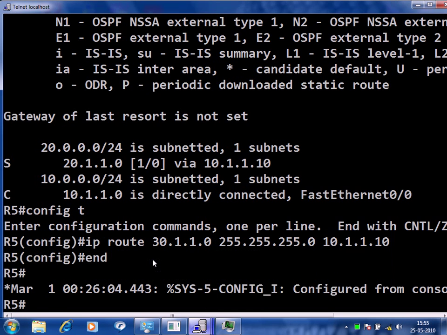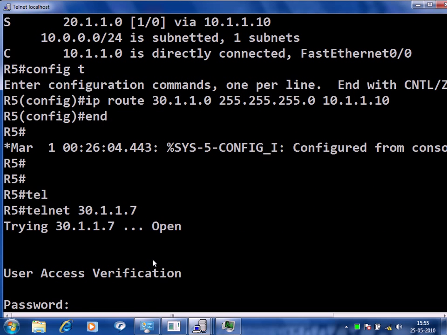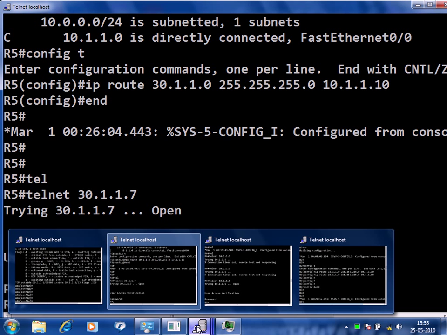Okay, so from R5, can I telnet to 30.1.1.7? Right? R5 is inside, R7 is this one.